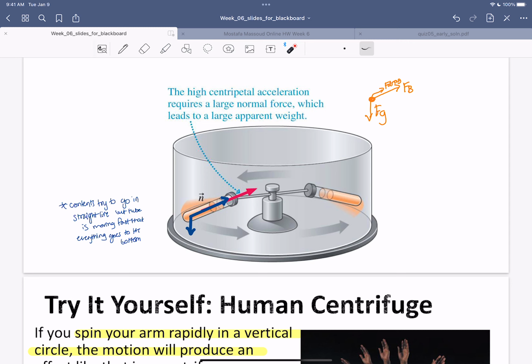drag is almost like my friction for fluid. It's pushing up against my intended motion. So if I'm trying to go down to the left, drag is going to prevent that motion, up and to the right, and buoyancy is as well. We can think about buoyancy as the force that the fluid, the water, exerts itself. If the cell is sinking, I can imagine the water or the fluid around it pushing up against it to prevent it from sinking, and the drag, like the friction due to the fluid, pushing up against it as well.